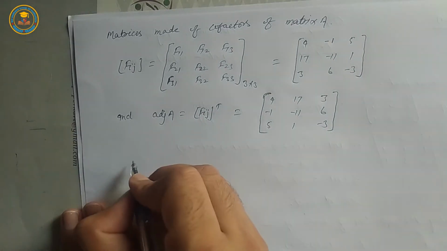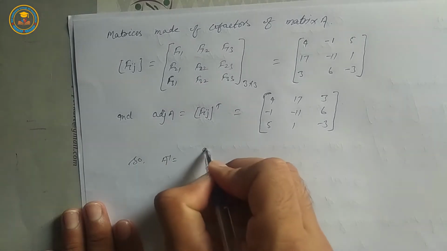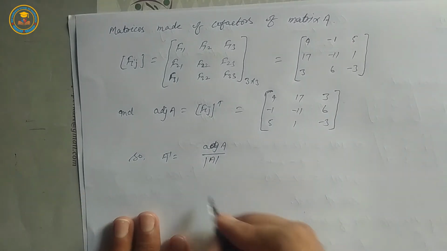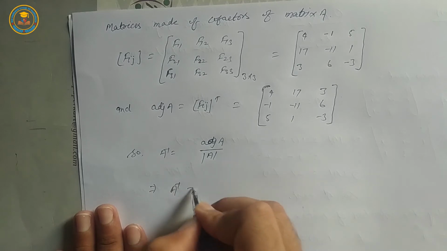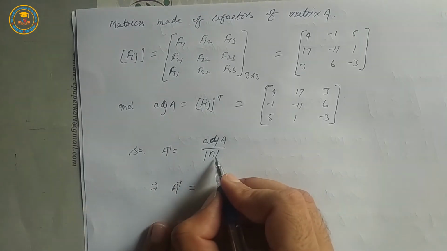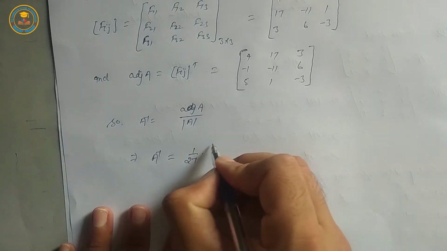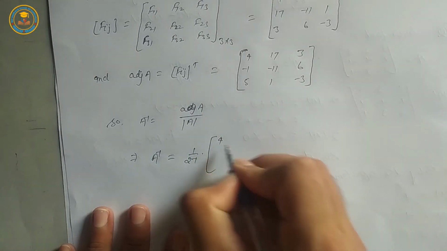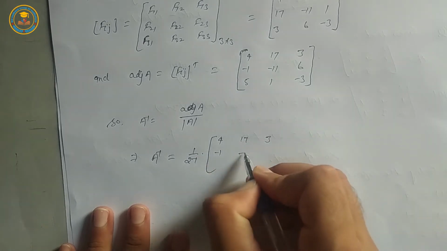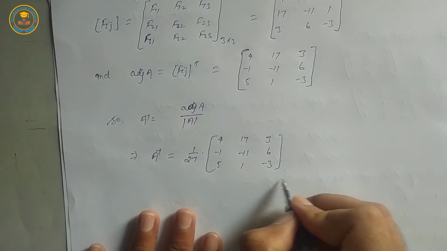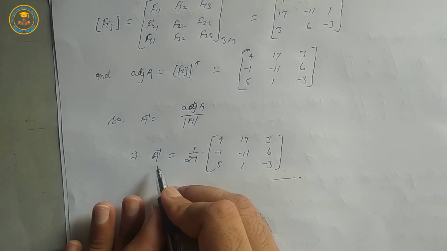That is adjoint A. So A inverse is equal to adjoint A upon determinant A. Implies A inverse is equal to 1 by 27, determinant A is 27, into adjoint A, [4, 17, 3; minus 1, minus 11, 6; 5, 1, minus 3]. That is the answer. It means inverse matrix A inverse.